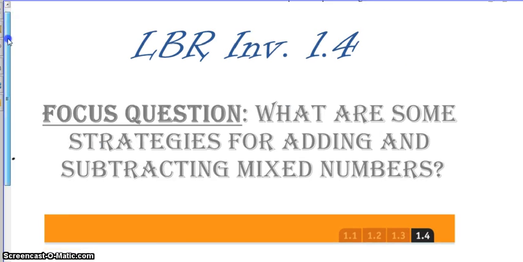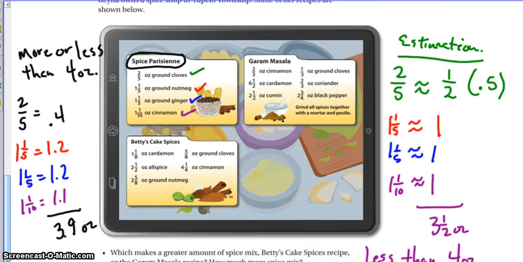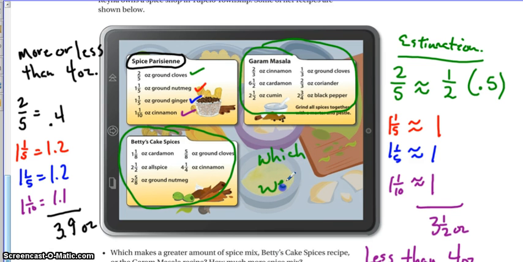So you're going to have to come back to this page for tomorrow, and you're going to have to compare the garam masala recipe and the Betty's cake spices and tell me which weighs more, and how do we know? All right, see you in class.